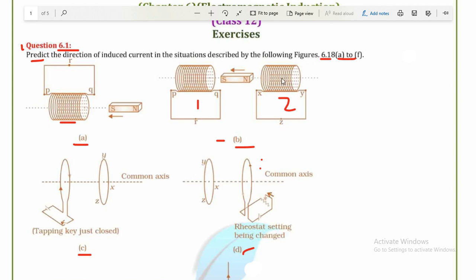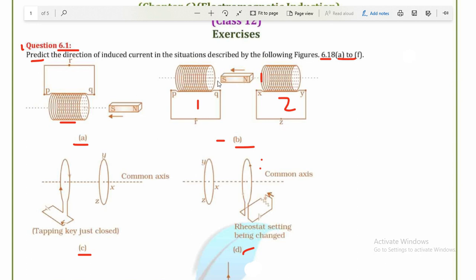So you should use Lenz's law in this case also. Now the current in this loop must be such that this face behaves like an S pole, because it tries to oppose the motion of the magnet, so that it can stop this magnet. Okay, if it is a north pole, then it will repel this magnet and its motion is increased.